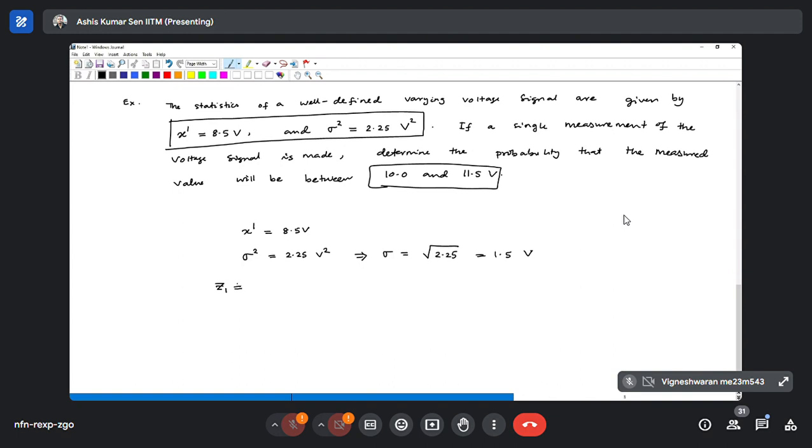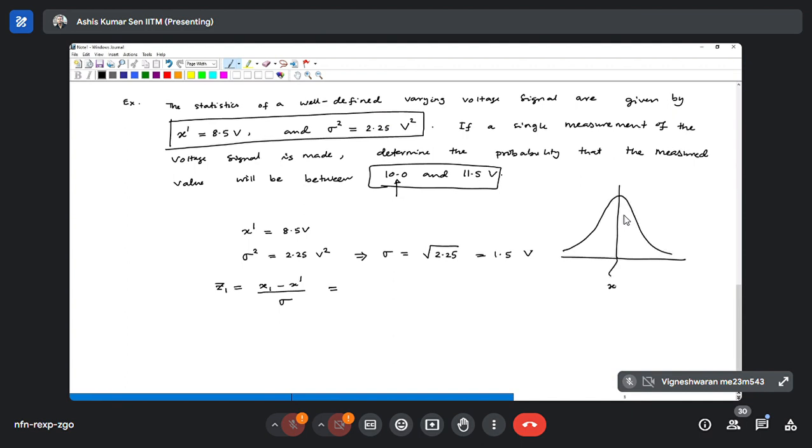We have seen that by definition, Z1 is x1 minus the true mean divided by sigma. In this particular case, we first talk about the lower limit of the signal, that is 10.0. First we find the probability that the data is going to lie, if I draw here, like this.